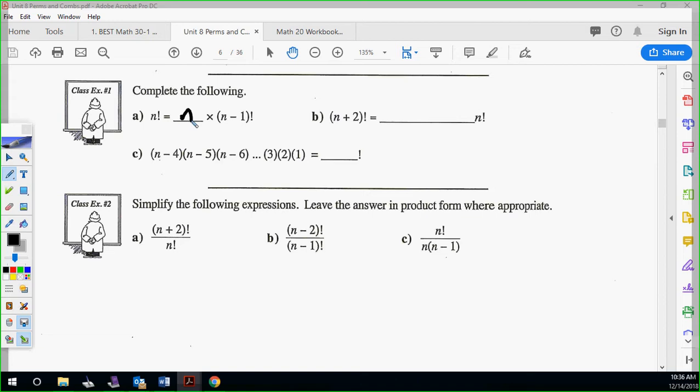They want you to do 2 of them. What's the first one always? It's what's in the factorial, so it's going to be n plus 2. Then the second one is minus 1 of that, which should be n plus 1. And then minus 1 again is the n. So you're going n plus 2, n plus 1, and then you get down to n.